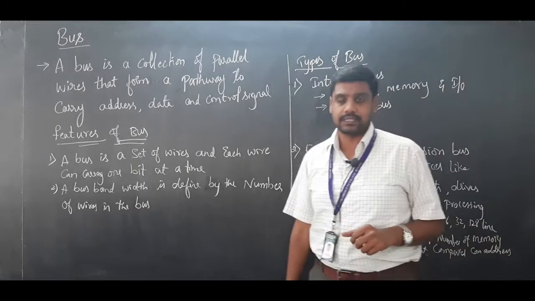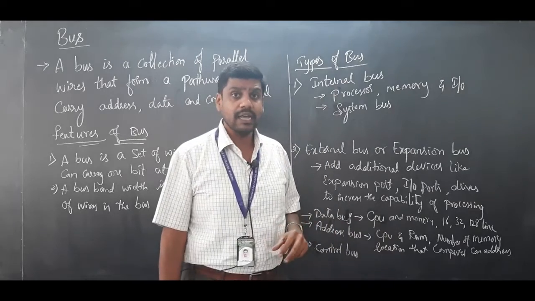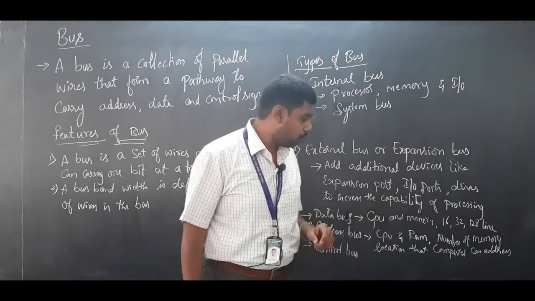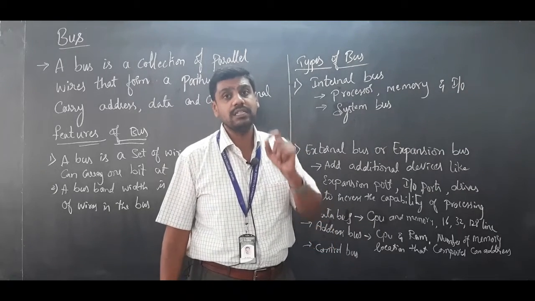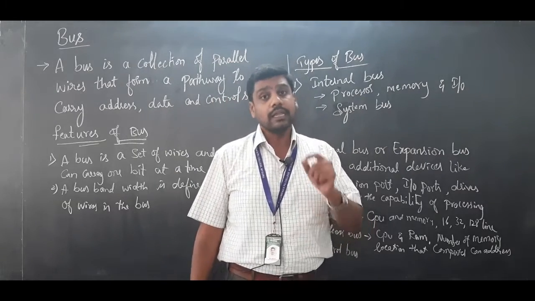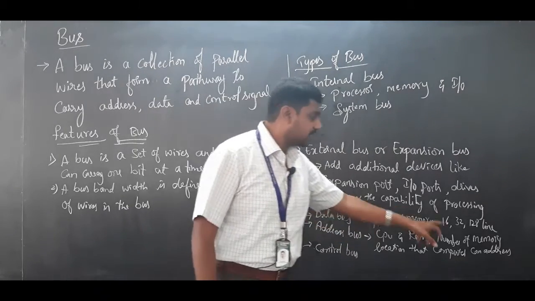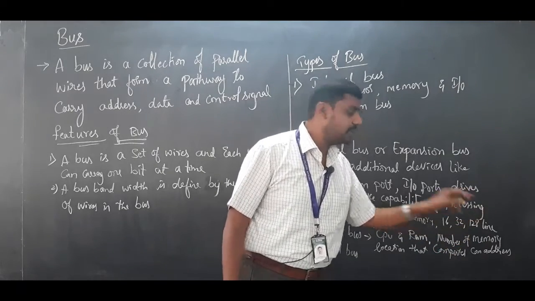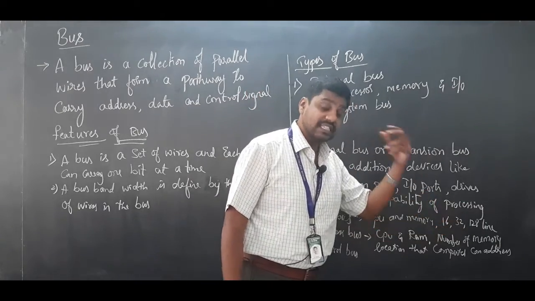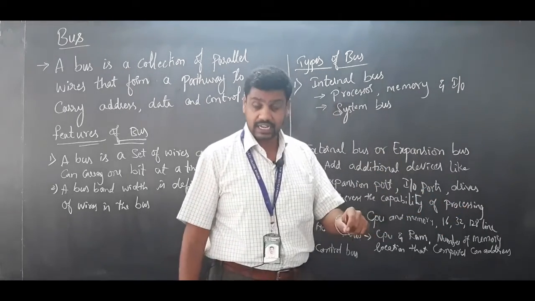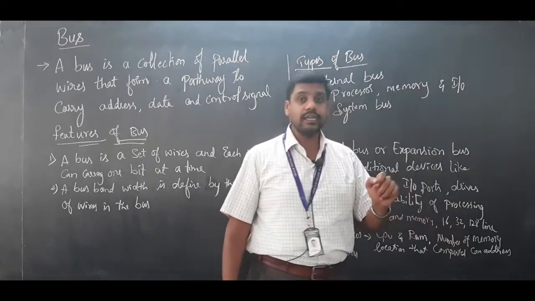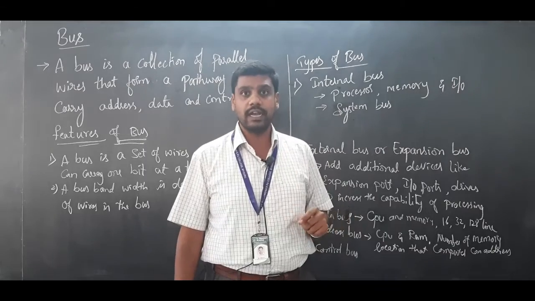What is this data bus? The data bus is an interconnection between the CPU and the memory, which has the capacity to transfer data over 16, 32 or 128 lines of wire. Therefore, you can transfer 16 bits of data if it is 16 lines of wire, 32 bits if it is 32 lines, and 128 bits if it is 128 lines.